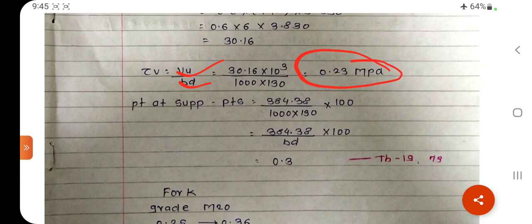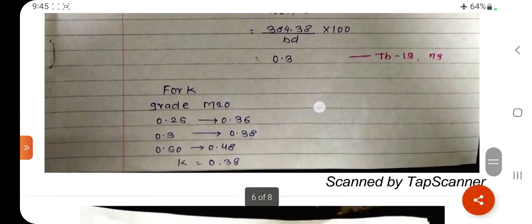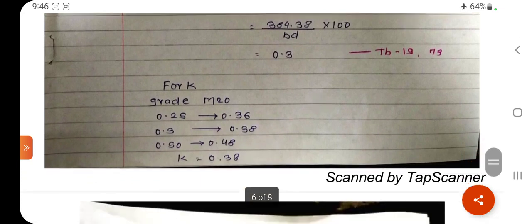Now AST or the PT at the support is equals to 384.83 upon 1000 upon B into D, so into 100. So from this we get PT at the support is 0.3%. So K, as our grade of concrete is M20, okay, and we interpolate for the 0.3.